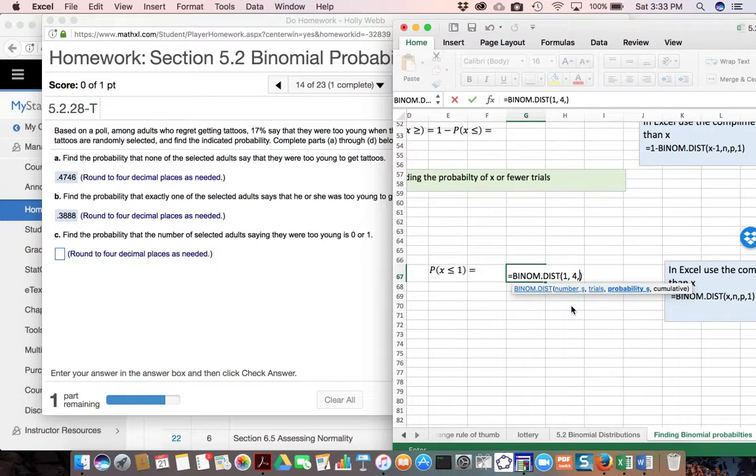One or fewer out of 4 with a probability of 0.17, and we want it to be cumulative. So 1 or 0 would be 0.8634.